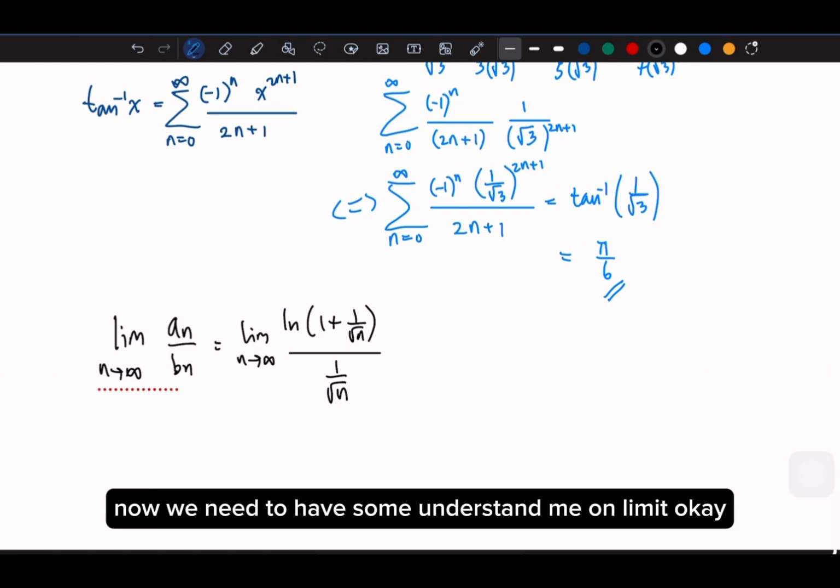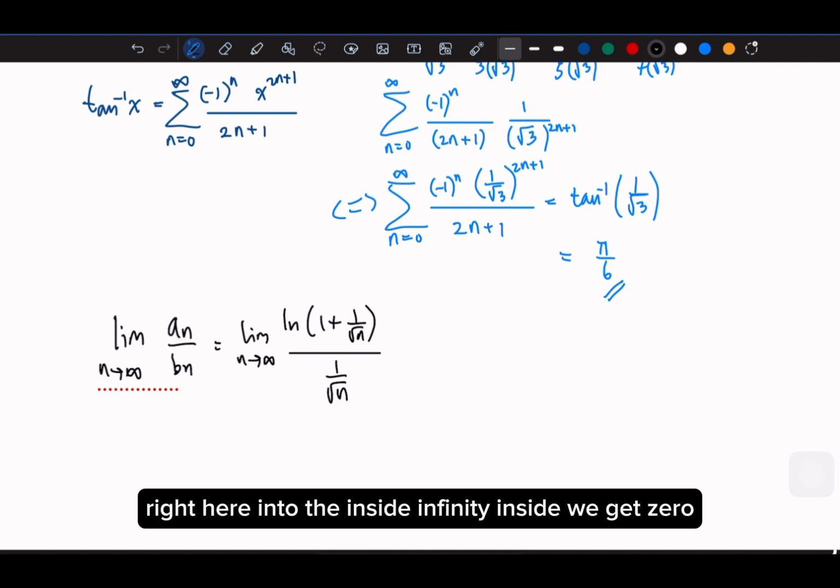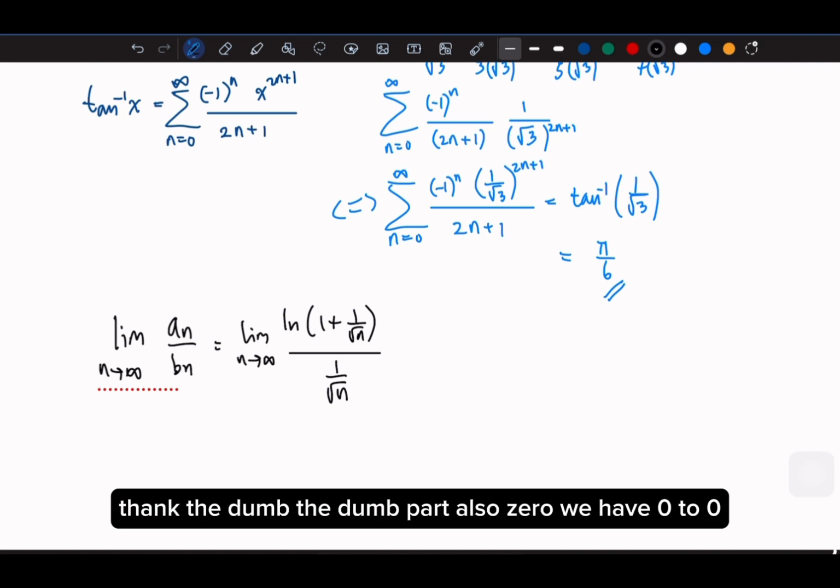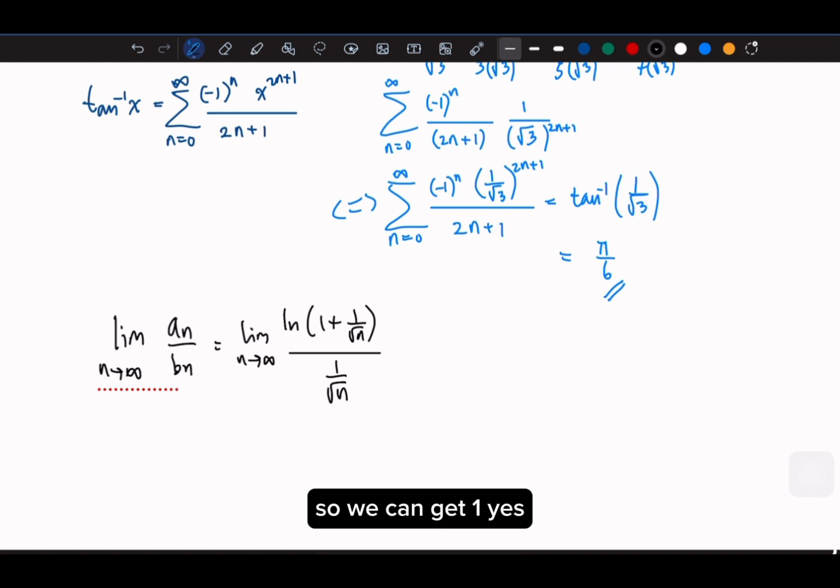Now we need to have some understanding of limits, okay? Take infinity inside here, we get 0. Take the bottom part, also 0. We have 0 over 0. So what can we use? Yes, L'Hopital's rule. Correct. So take L'Hopital's rule.